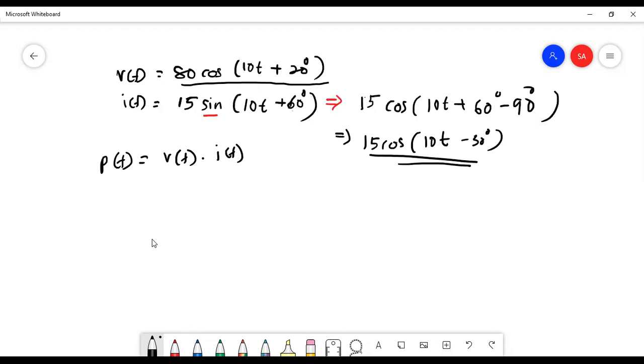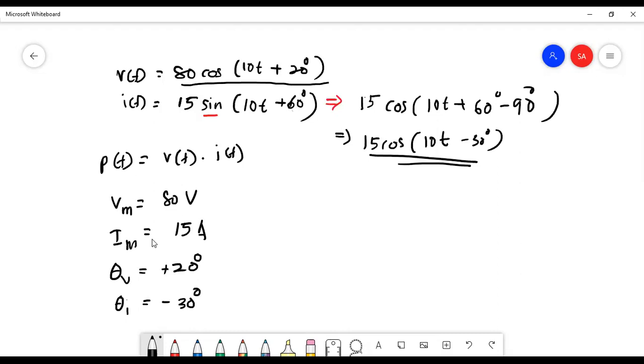Okay, so based on that, we have our Vm as 80 volts, our Im as 15 amperes, our angle of the voltage is positive 20, and our current angle is negative 30 degrees.